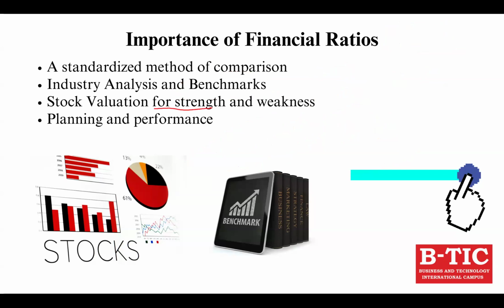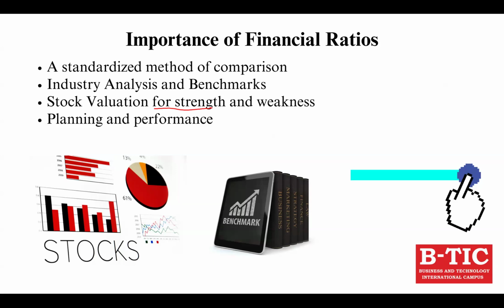Number 3, stock valuation for strengths and weaknesses. The common language and understanding of ratios helps investors and analysts evaluate and communicate the strengths and weaknesses of individual companies or industries. Fundamental analysis is a term given to the use of financial ratios in determining the relative strength of companies for investing purposes.